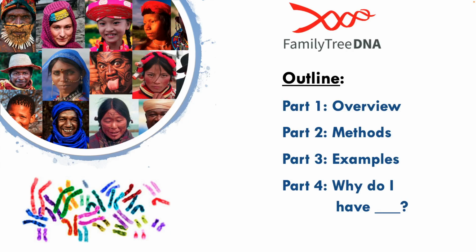The third part is some examples I've put together to illustrate what you can do with the tool and how it can help your genealogical research. And then lastly, a lot of the questions we tend to get have to do with, why do I have some weird or unexpected ancestry? So I dedicated the last part to try to explain why this is not so easy and why it's fuzzier than some people might think.